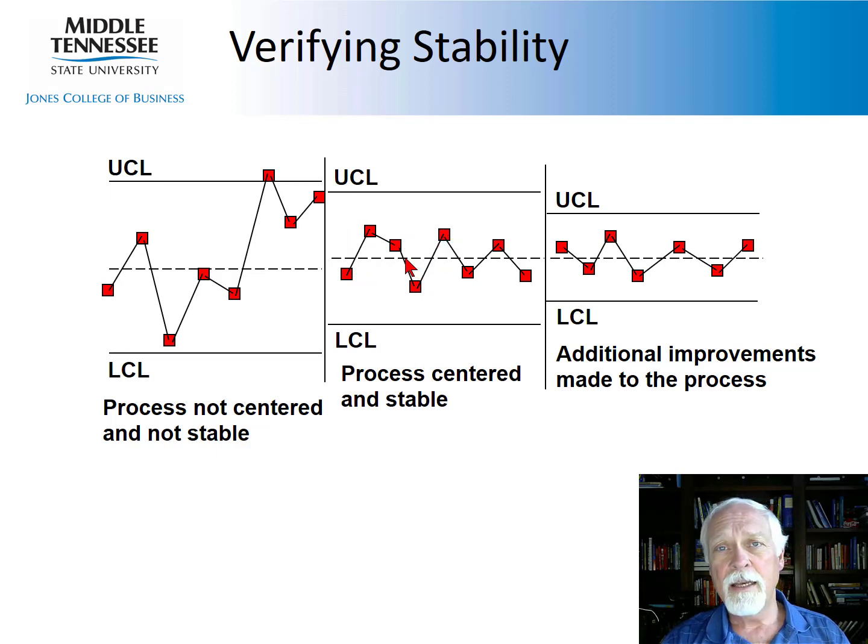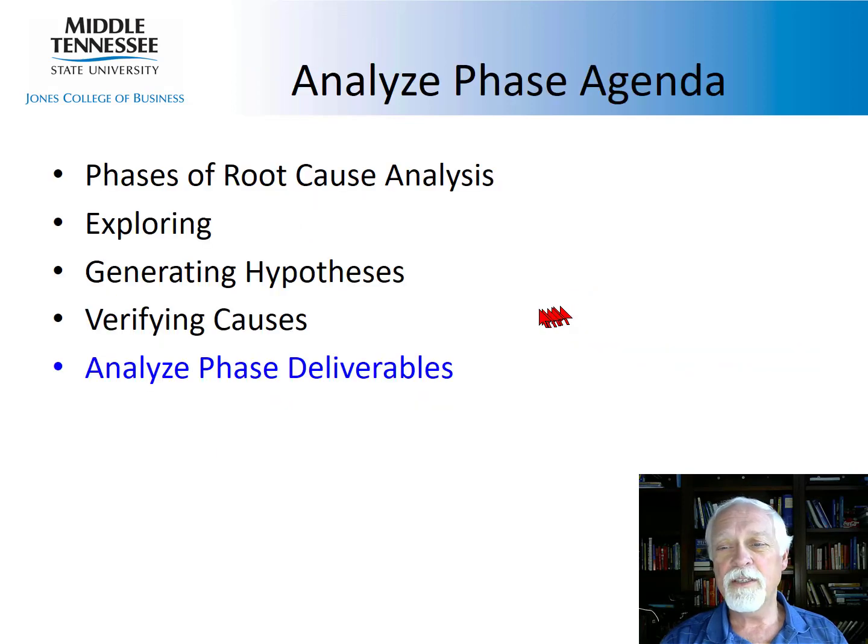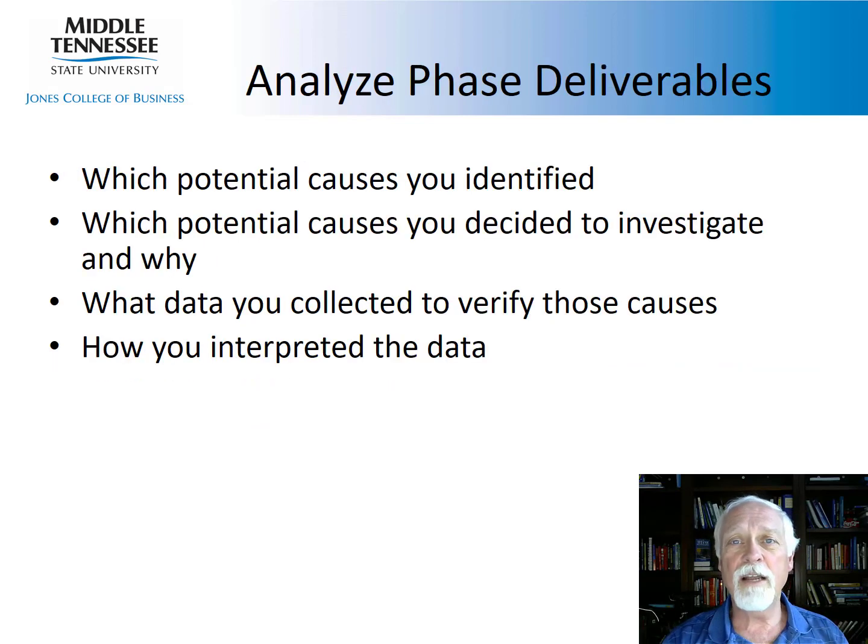But then maybe you discover in this process ways to make additional improvements, and when you do, after you have sufficient time to calculate new control limits, then you verify that, hey, we've reduced the variation even more. So it's actually a really good selling tool for improvements, because you can say, okay, we've made actual measurable improvements.